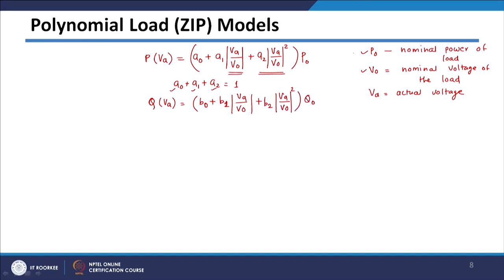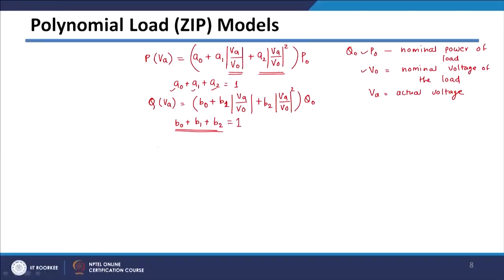Again, Q0 is the nominal reactive power of the load. In this case also the total proportion of all the different types of loads will be equal to 1. These coefficients are different because we know that real power and reactive power behave differently with respect to voltage change.